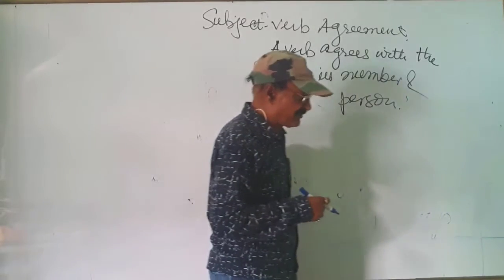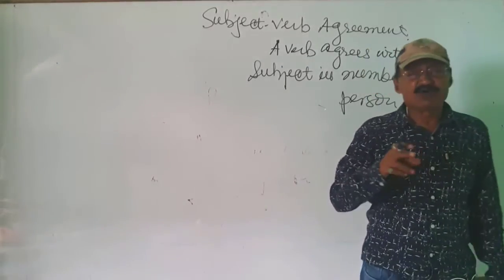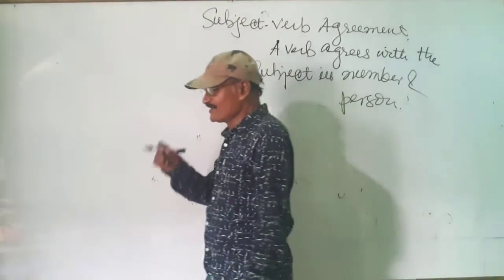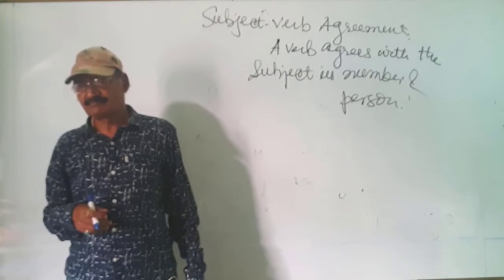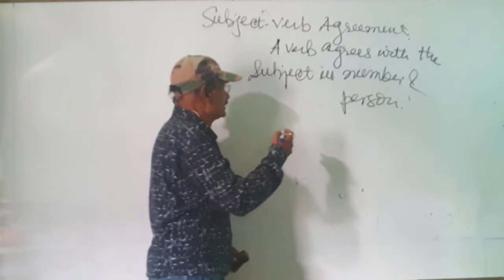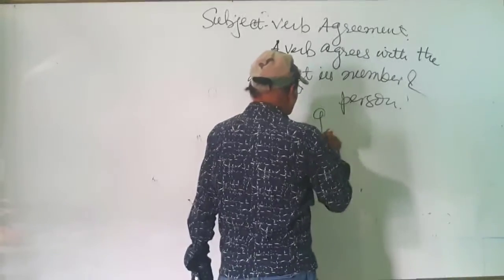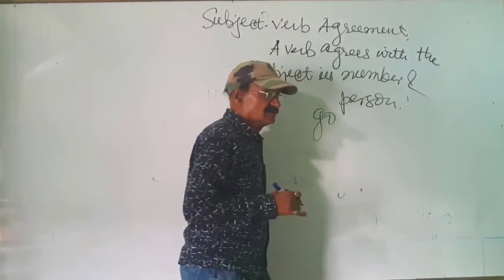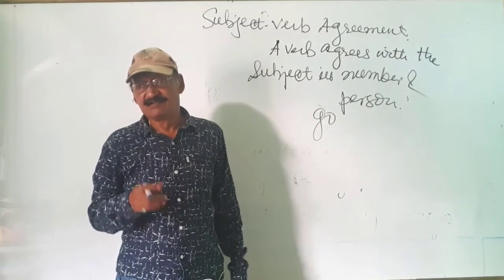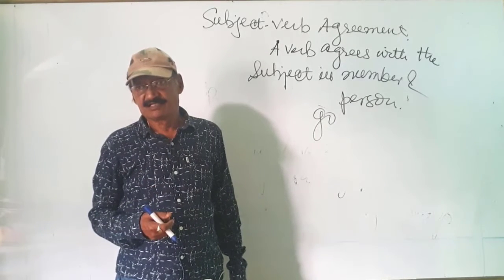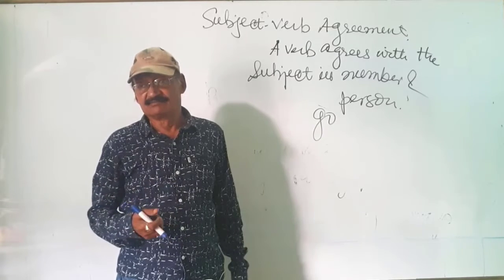The answer is simple. A verb originally is always in plural number. Any verb. I go, we go, you go.